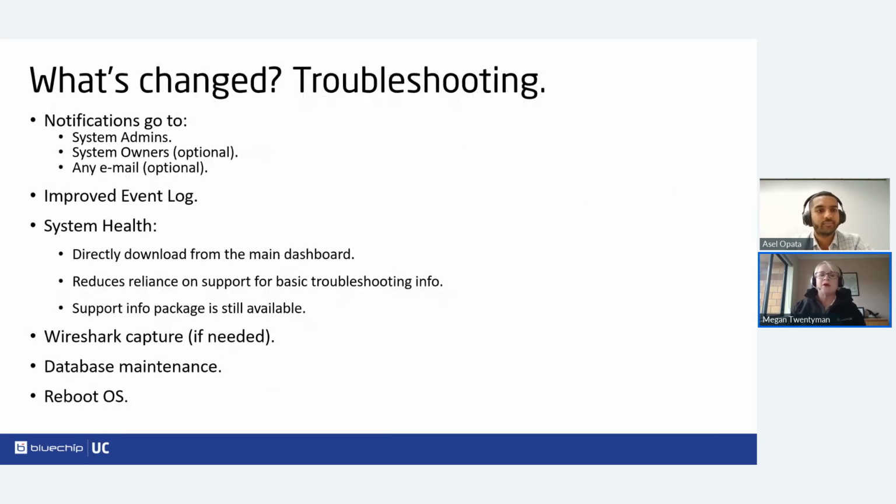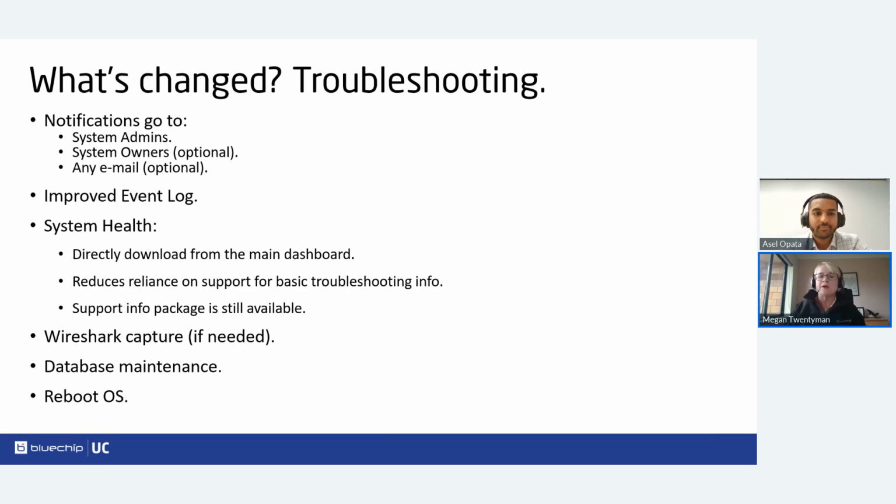Troubleshooting. Notifications go to the system admins. You can also set that up optionally for system owners or any other email as well, which can be really useful if your system admin's on holiday, for example. The event log is much improved and has data that gives you real actionable things to take care of. The system health is directly available off the dashboard when you zip into the admin console, and it makes you less reliant on basic troubleshooting info.